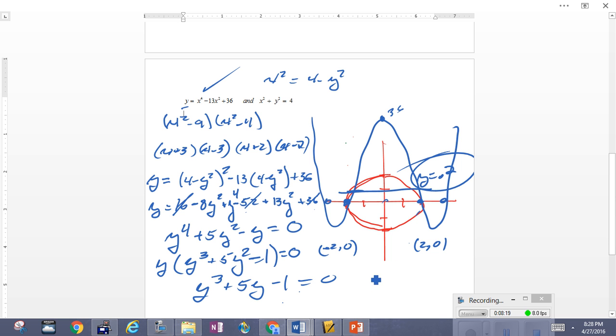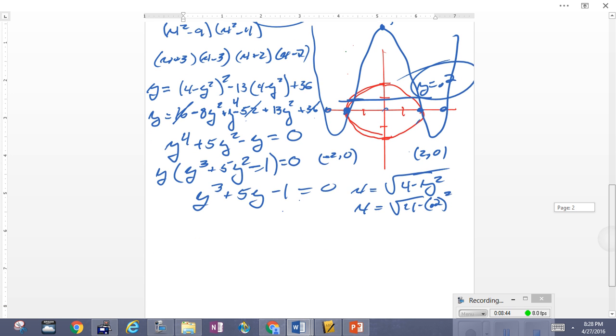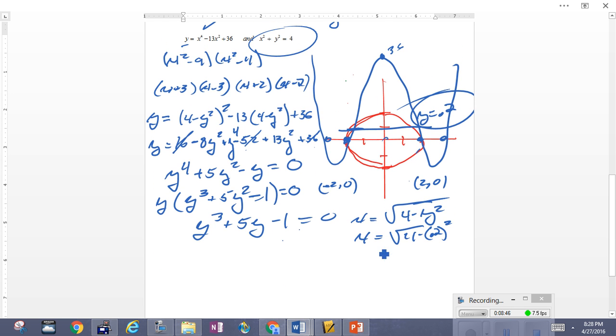Well, x is, so we just go back into, this would be the easiest equation to evaluate that for. x, of course, is the square root of 4 minus y squared. Okay, so we've got x equals the square root of 4 minus 0.2 squared. Of course, 0.2 squared is going to be 0.04.